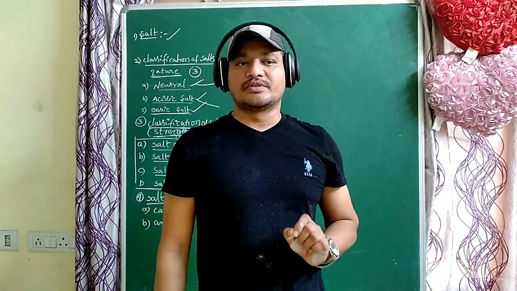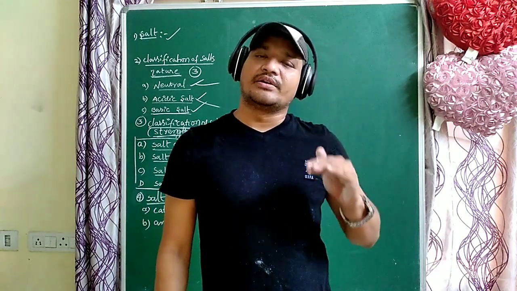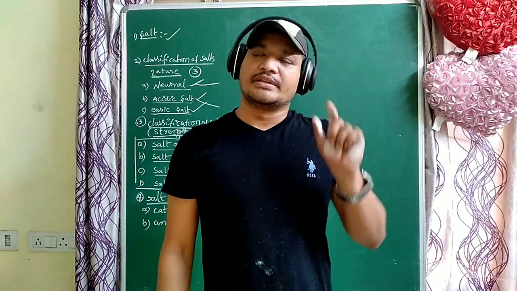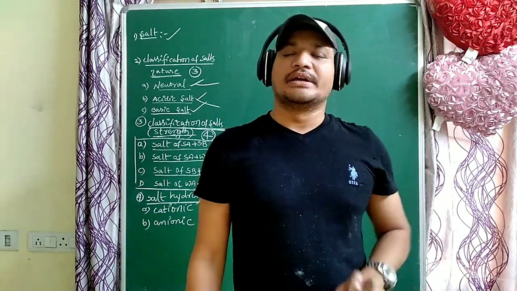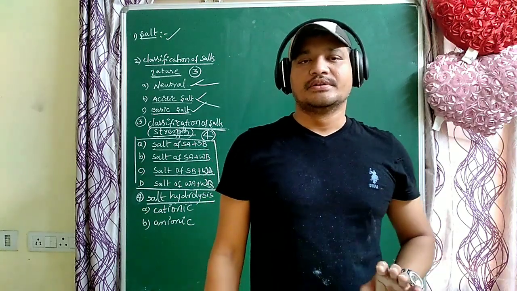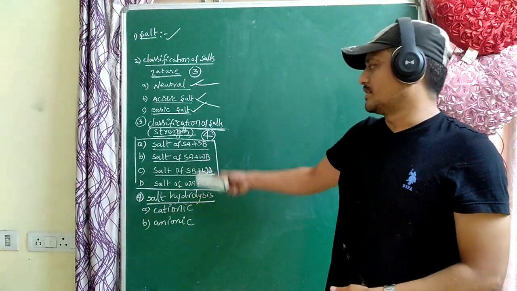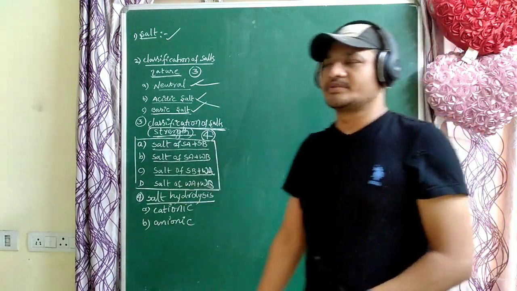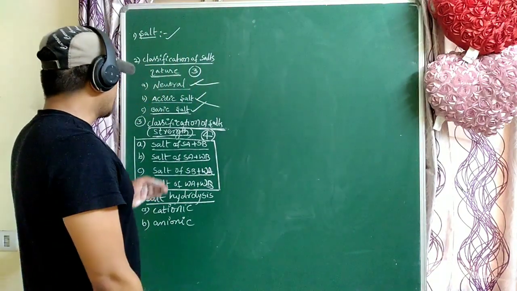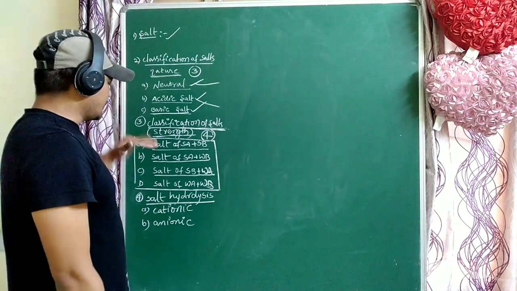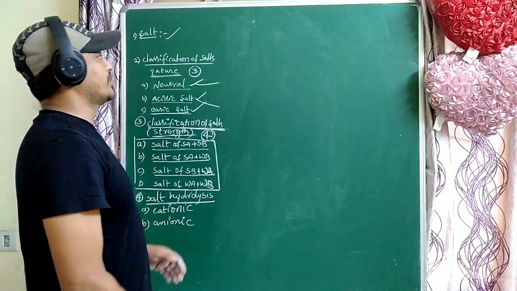So based on salt hydrolysis, salts are divided into 4 types. I will explain 2 types of salt hydrolysis: cationic hydrolysis and anionic hydrolysis.